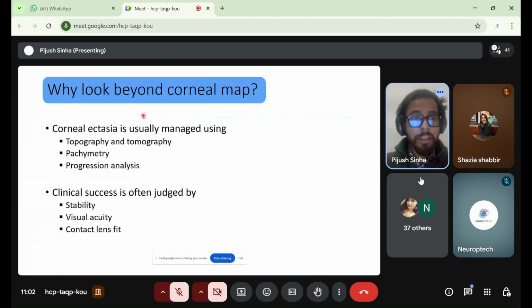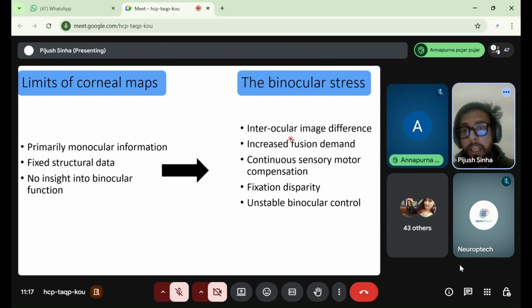Let's start. Whenever there is talk on corneal ectasia, it leads to increased fusion demand, continuous sensory motor compensation between the two eyes, and ultimately it leads to fixation disparity.